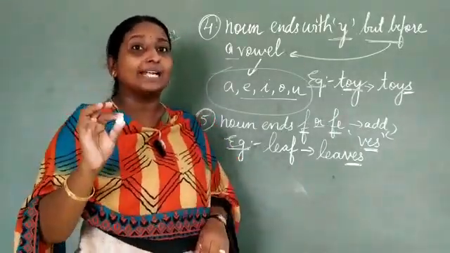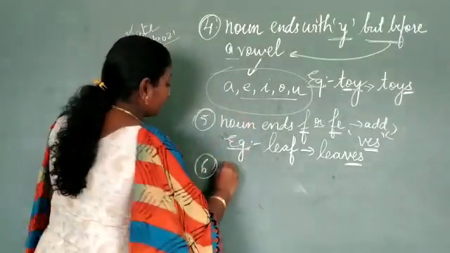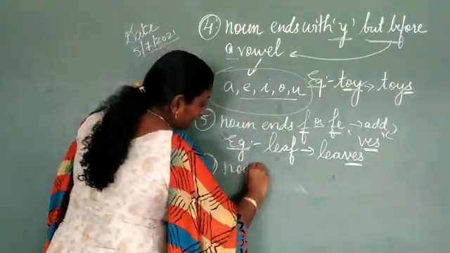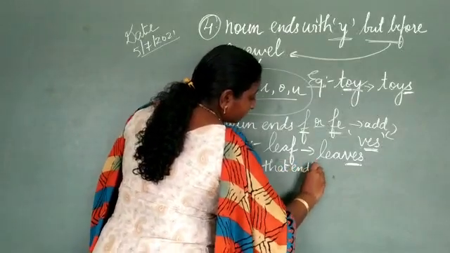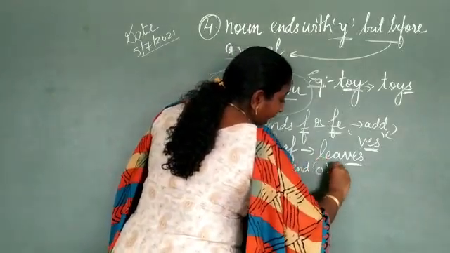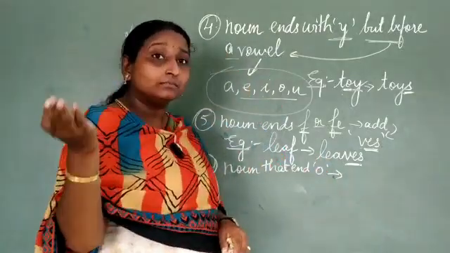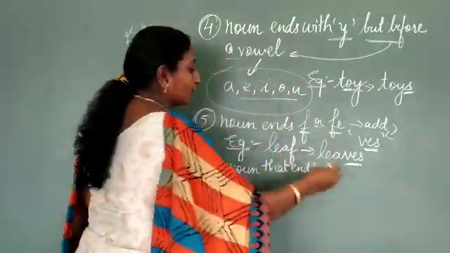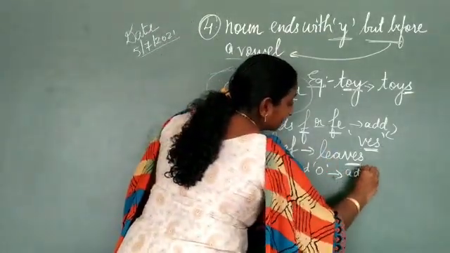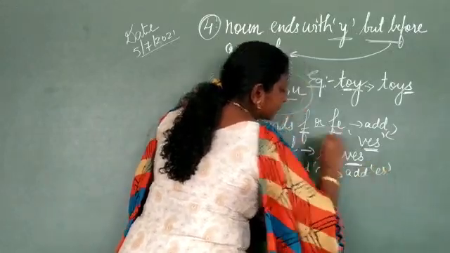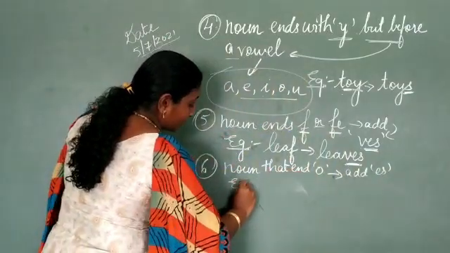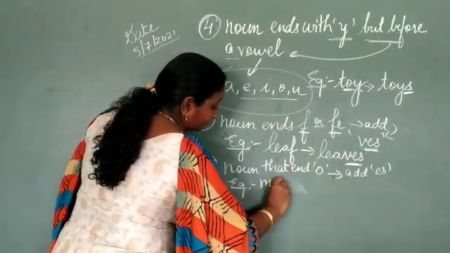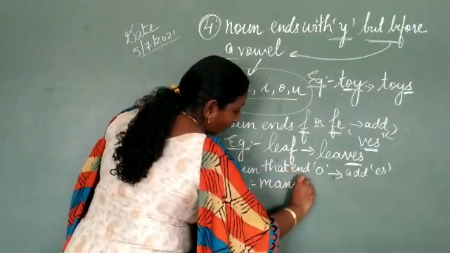Most of the nouns that end with O, and you have to make them plural. So what I have to do there? You have to add E-S. How? I can give you one example. Suppose a mango, M-A-N-G-O.